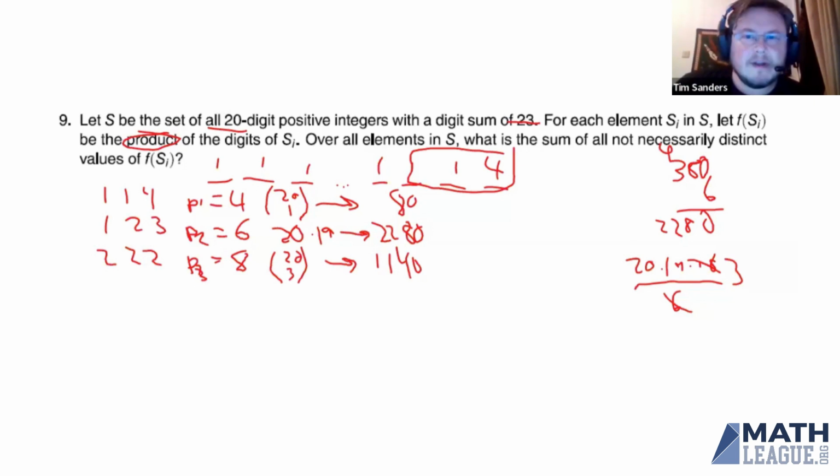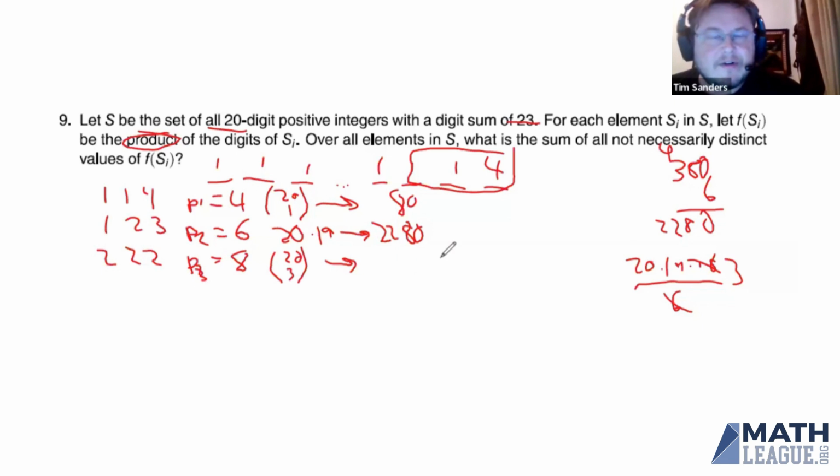And okay, let me just double check here. I think I might have gotten something messed up on this one too, because the answer's a lot more than what we have here. So let me just double check. Oh, I forgot to multiply by 8 with that 1140. So we had 380 times 6 for the last one, which I did.